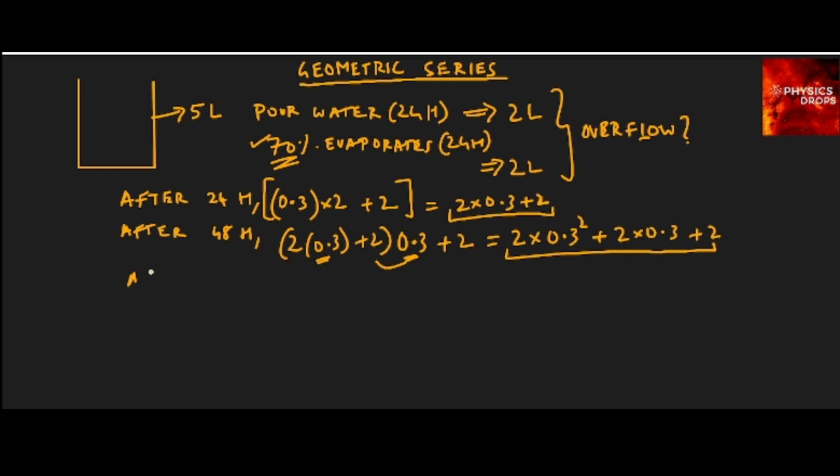Then let's say after 72 hours, or rather 3 days, what would happen? This would be 30% of what is right over here. So that will be 2 times 0.3 square plus 2 times 0.3 plus 2, and of that whole thing, 30% remains, and then we add 2 liters again.